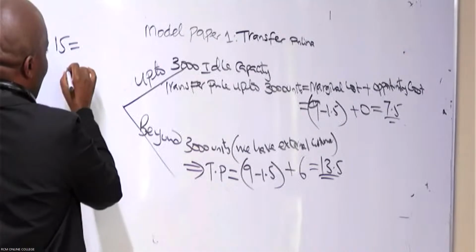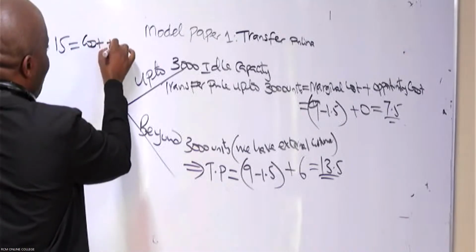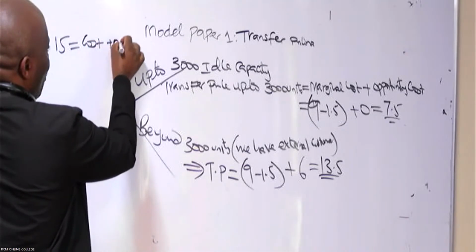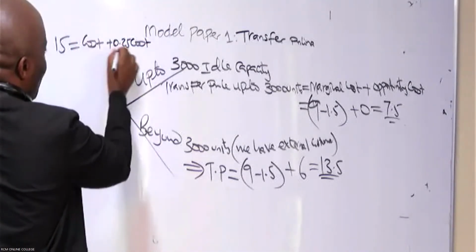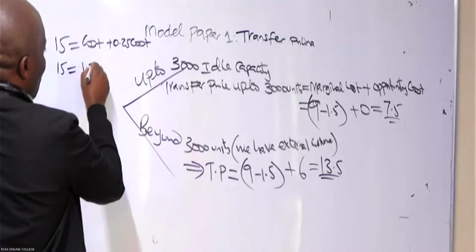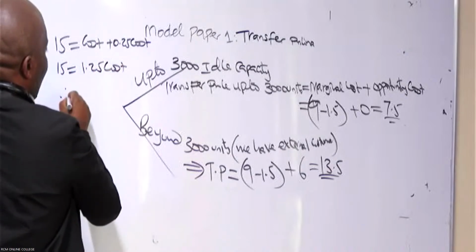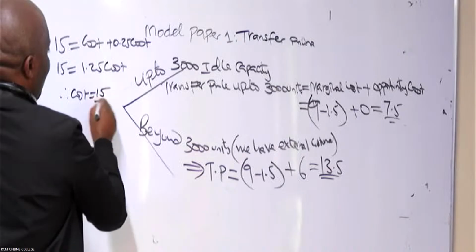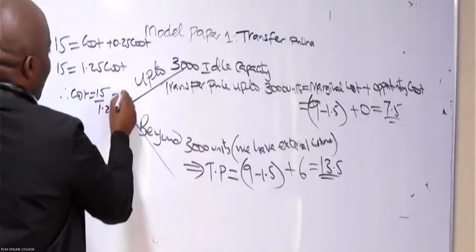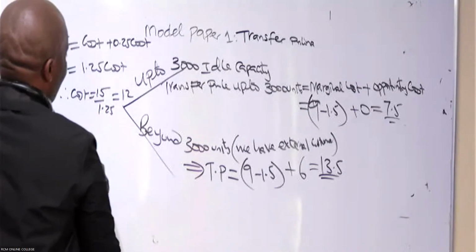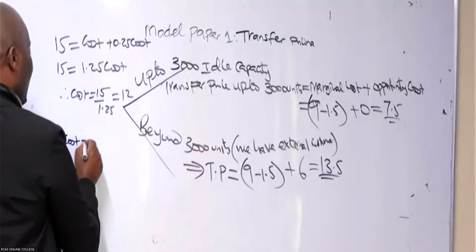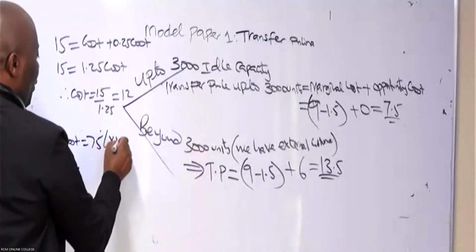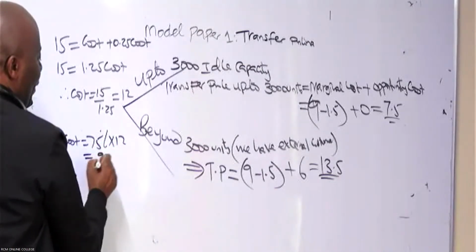To get this selling price of 15, we have cost plus a profit margin of 25% of the cost. So 15 equals 1.25 times cost. Therefore, cost was 15 over 1.25, which gave us 12. And of this 12, we are told variable cost is 75%, which gave us 9.